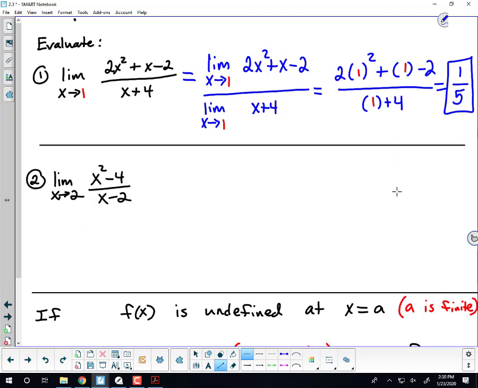So then, in example 2, we've got this issue of the limit in the denominator approaching 0.